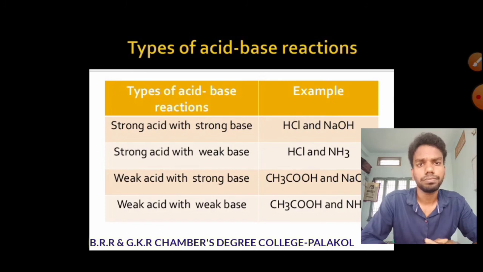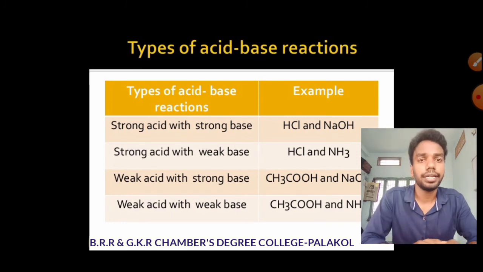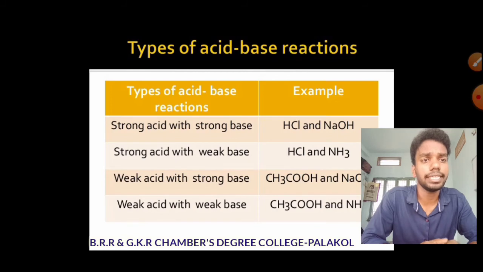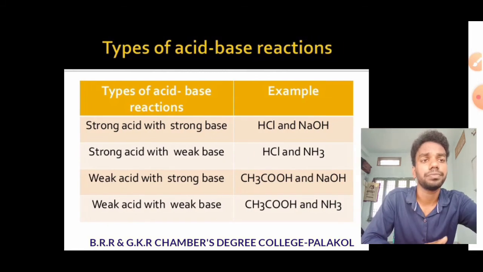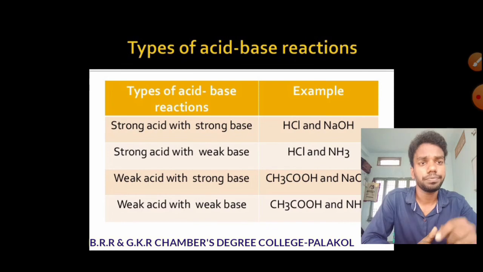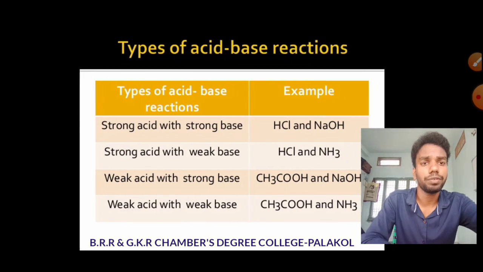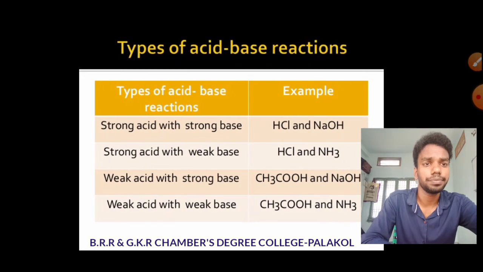Now strong acid with a weak base. The second one, strong acid, that is HCl, and a weak base, ammonium hydroxide. Then a weak acid with a strong base, weak acid that is acetic acid, and a strong base, that is NaOH, right? And the fourth one, weak acid with a weak base, that is acetic acid and ammonium hydroxide.